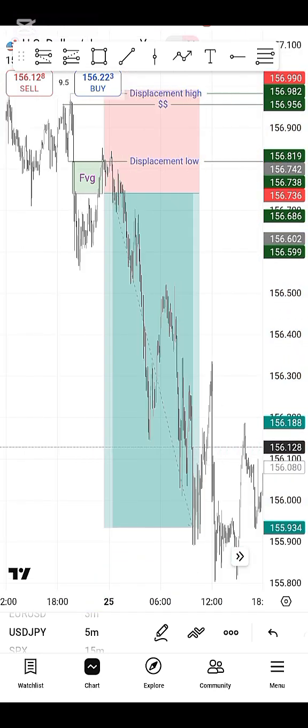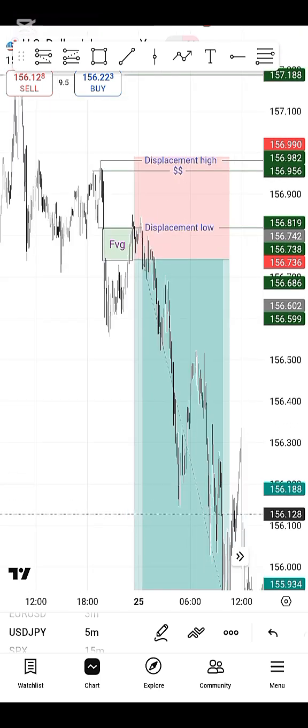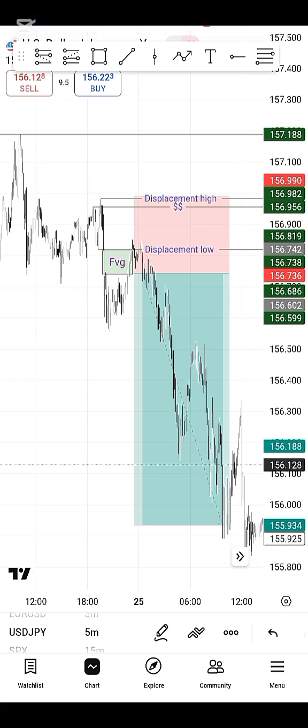See, nicely hit. It was very nice. The displacement high was formed, displacement was formed, then the fair value gap, and you enter on the fair value gap. So you have to know your trend. If you don't know your trend, the market structure shift will not work. So you have to know your trend first.